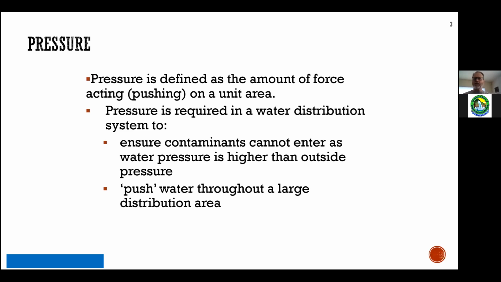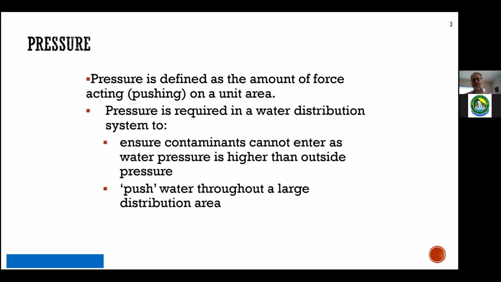And typically the best run water systems employ what we call the multi-barrier concept or philosophy to protecting against waterborne disease. So the pressure itself, forced up against the pipe wall, regardless of size of pipe or material, ensures that contaminants cannot enter in.